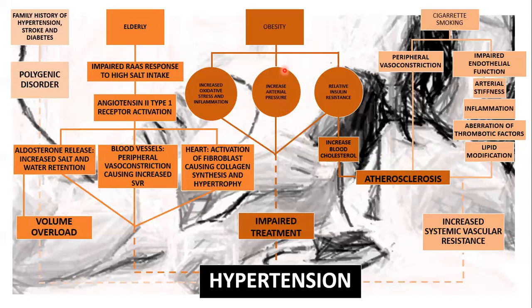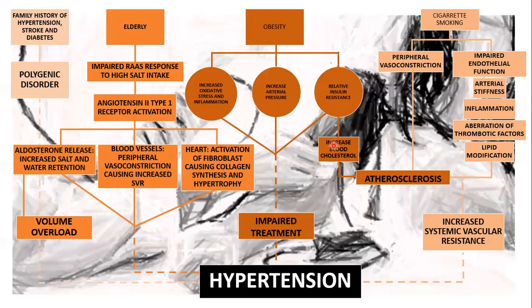Among obese individuals, there is relative insulin resistance, and with this, there would be a decreased urate clearance. So there would be hyperuricemia and increased uric acid in cells. And aside from that, there's also an increase in free fatty acids. Okay, so that would now lead to an increase in triglycerides and VLDL.